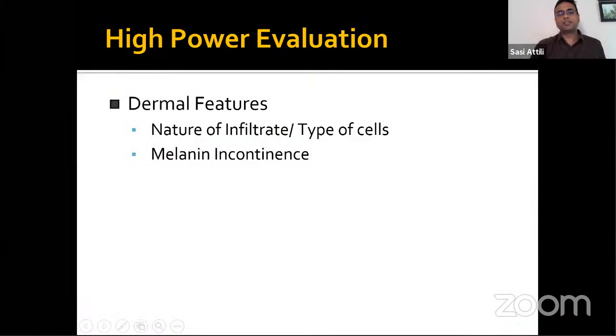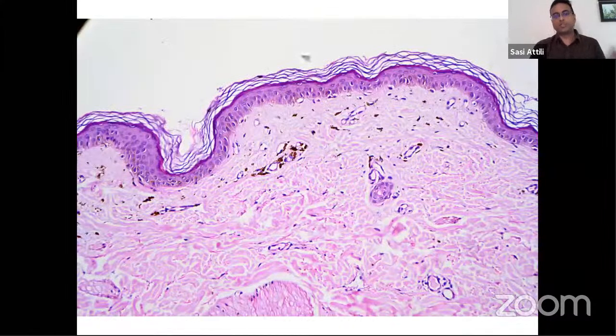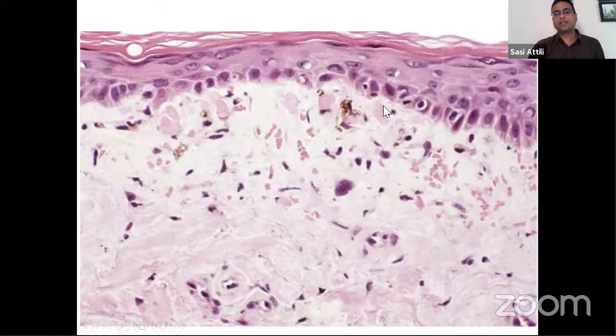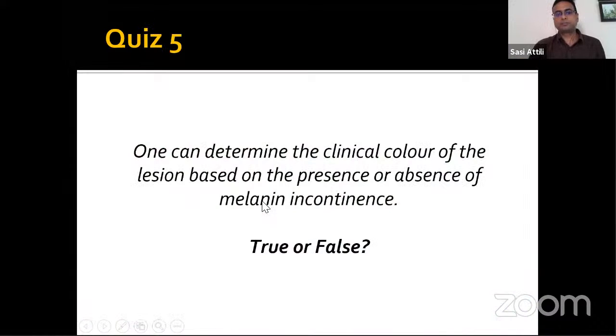So these are features of post-inflammatory change, and you should still be able to make a diagnosis of post-inflammatory interface dermatitis. For example, lichen planus pigmentosus in the late stages can show features like this. So dermal features, melanin incontinence, as I've already said, and sometimes this may be the only feature, associated with melanophages. Look at this case, another case of the same thing. You're seeing colloid bodies as well. This is lichen planus pigmentosus with pigment incontinence.